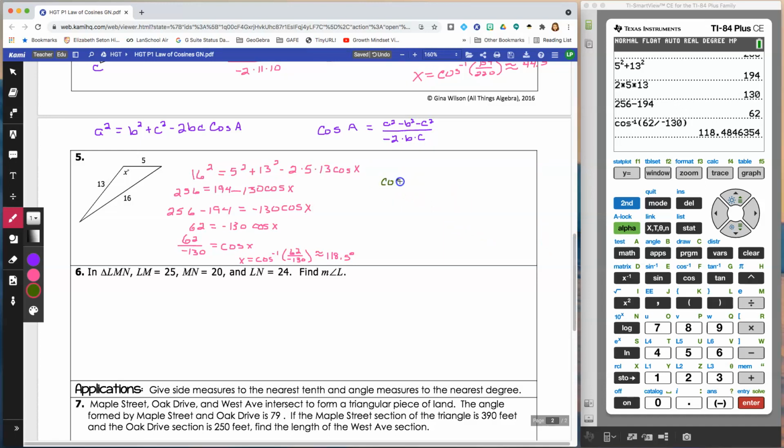I know that the cosine of angle A is equal to, right, that's 16 squared, that's the side opposite angle A. So here I really should put the cosine of x, right, because angle A is what we're using, x. Okay.